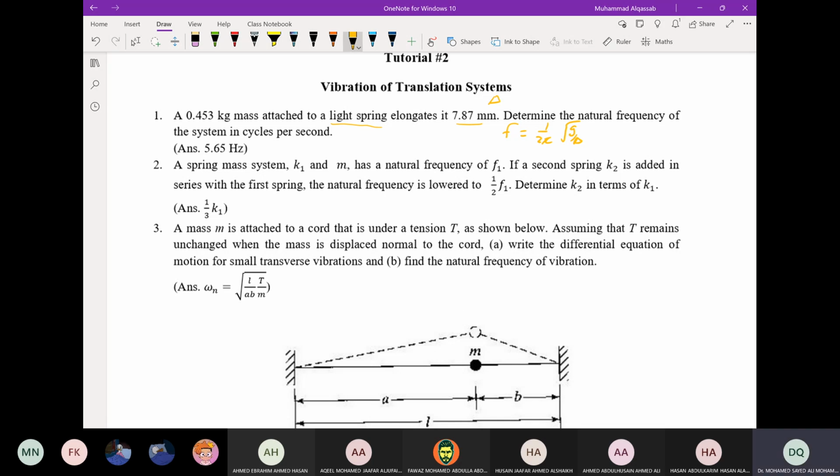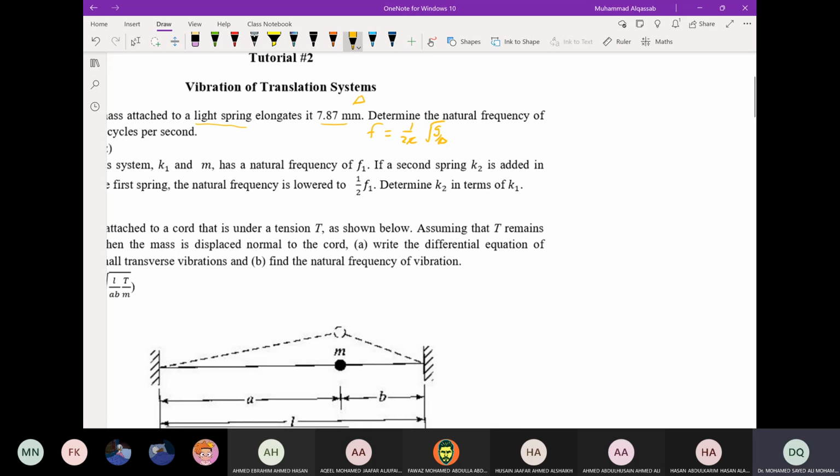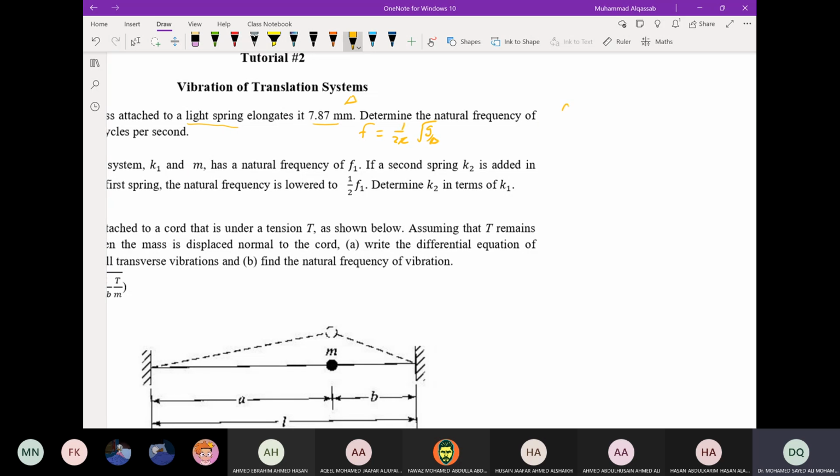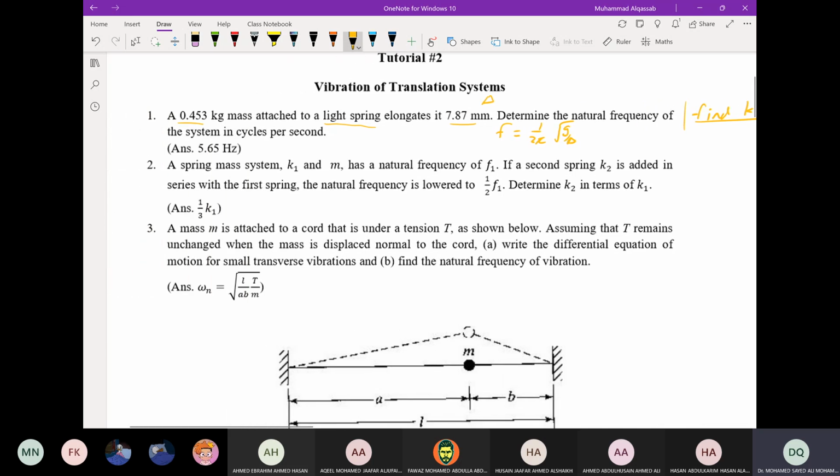The mass is just saying that there is a spring mass system. You can find k from k delta equals mg, and then you can find the frequency, which we call fn.